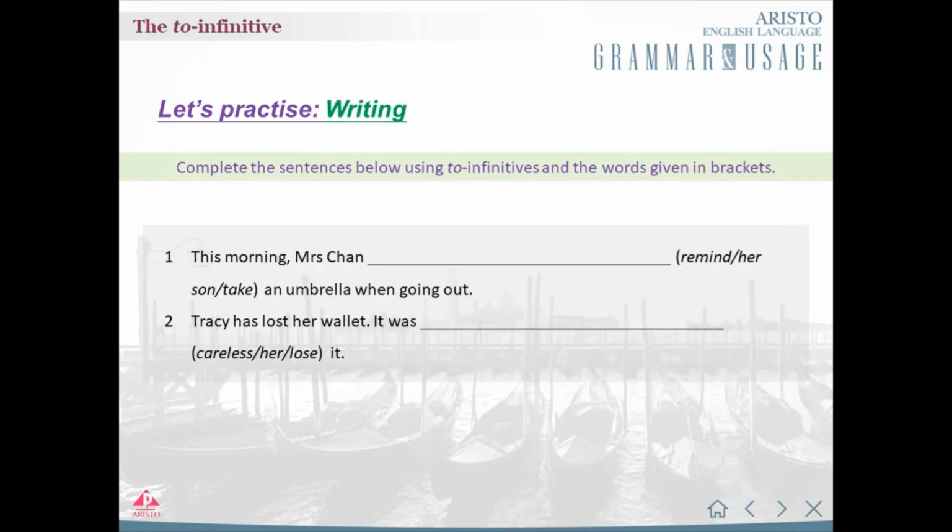Now let's practice writing. Complete the sentences below using to-infinitives and the words given in brackets.